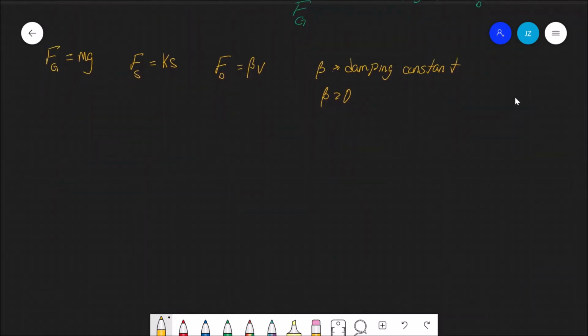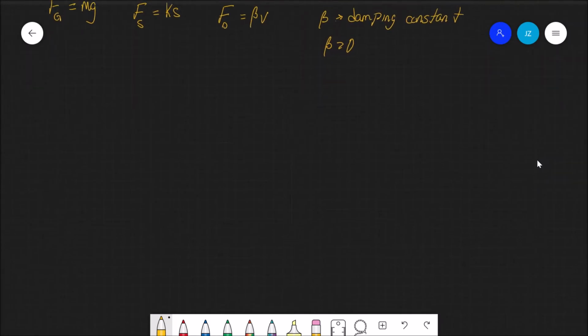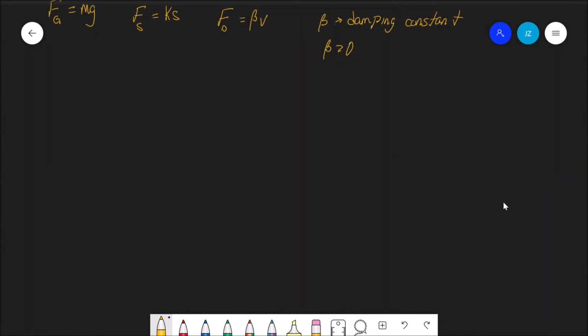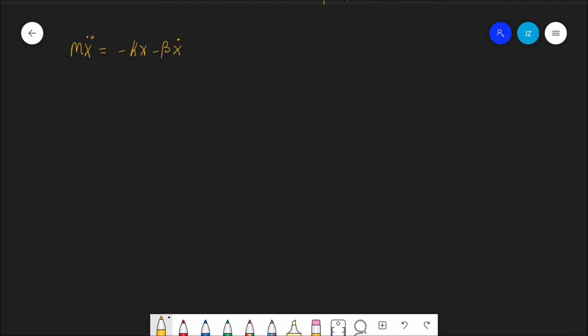So with all this in mind, if we now put the spring in motion, then Newton's second law is going to give us m x double dot is equal to negative kx minus beta x dot.